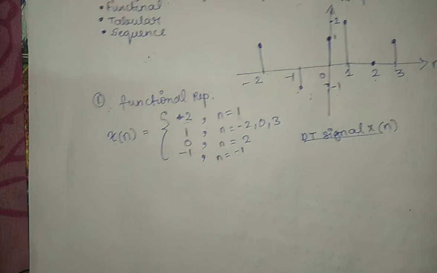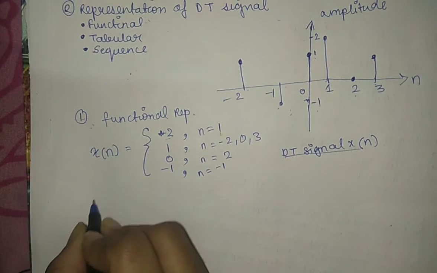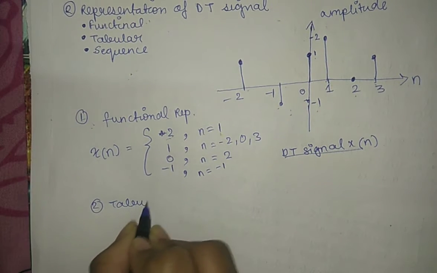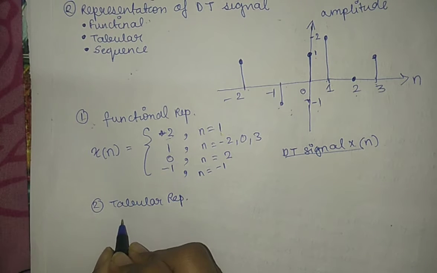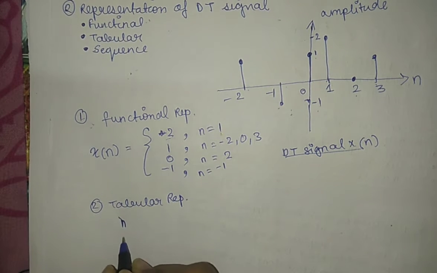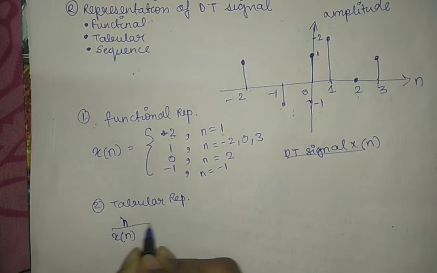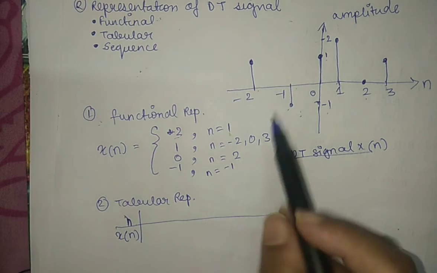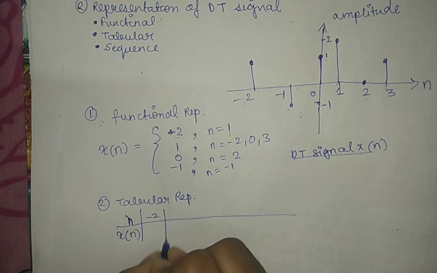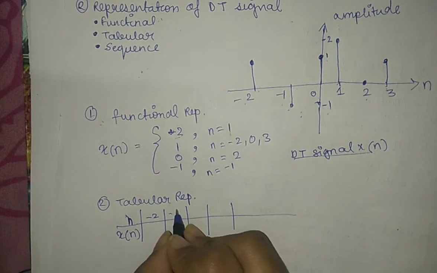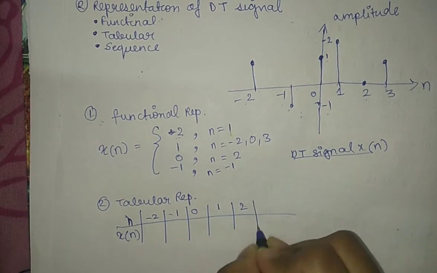Next is tabular representation. Here we have to represent the signal using a table. The table contains the sample points and the amplitude. The sample points are -2, -1, 0, 1, 2 and 3.